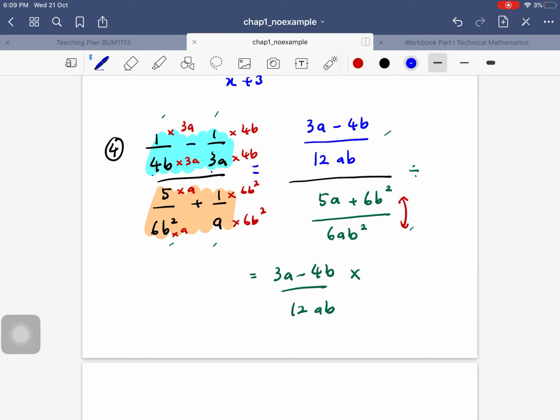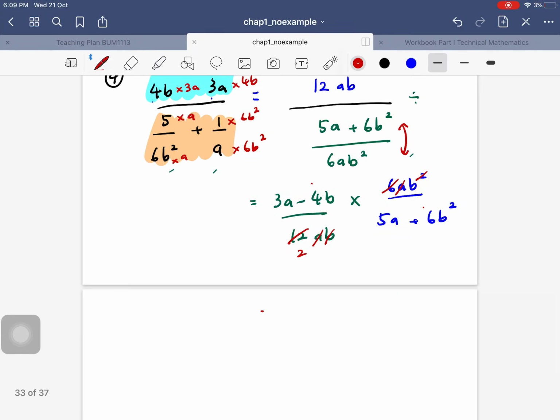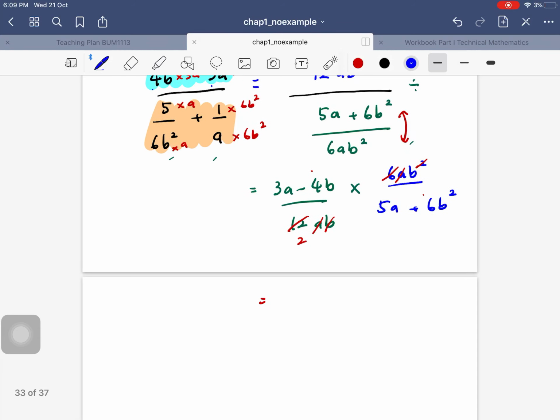So I'll end up with 6ab squared over 5a plus 6b squared. Now let's see if we can simplify them. Sure. This is a 2, this is going to be 1. This a and b, a, and I'm going to have b to the power of 1. And this 2, they cannot be simplified, just leave it as it is. So when I simplify this, at the top, don't forget this b right here, it's still there.